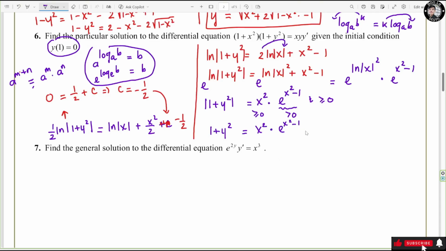Subtract 1 from both sides, so y squared equals s squared times e to the s squared minus 1, minus 1. Now you can take the square root of both sides, so y equals plus or minus the square root of s squared e to the s squared minus 1 minus 1.